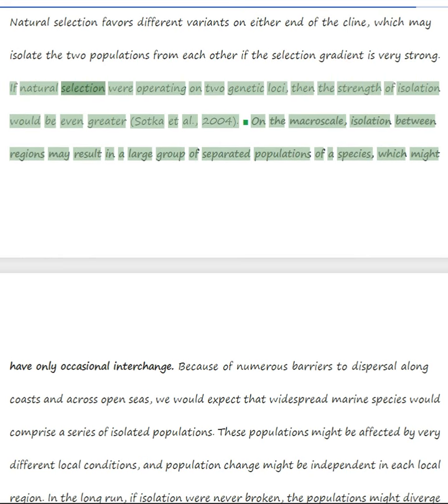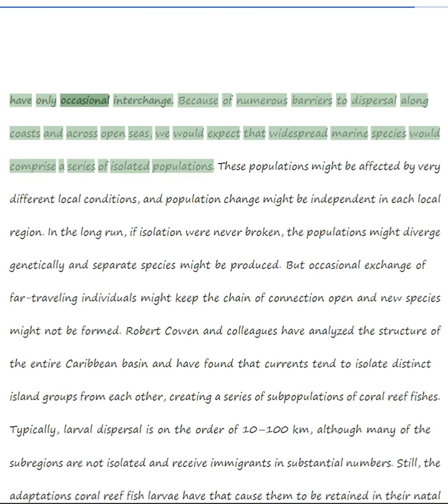If natural selection were operating on two genetic loci, then the strength of isolation would be even greater on the macro scale. Isolation between regions may result in a large group of separated populations of a species which might have only occasional interchange. Because of numerous barriers to dispersal along coasts and across open seas, we would expect that widespread marine species would comprise a series of isolated populations.